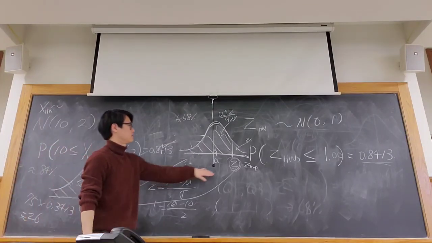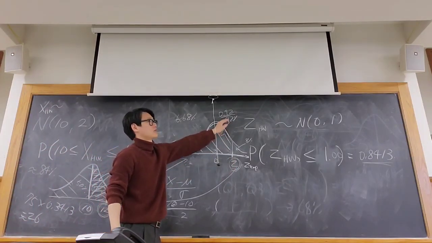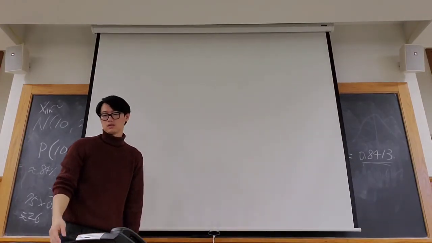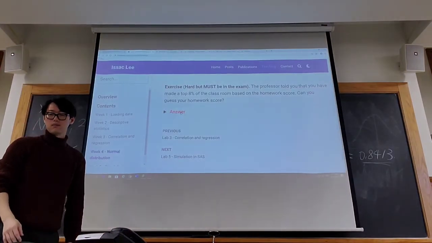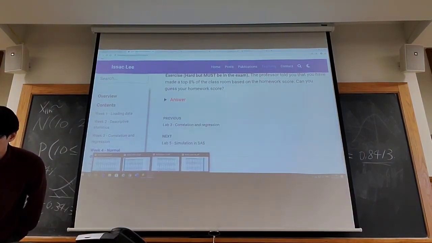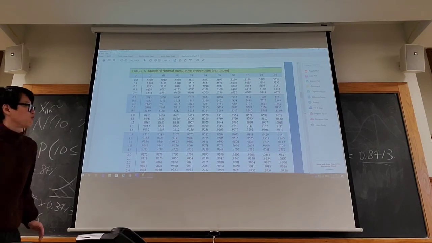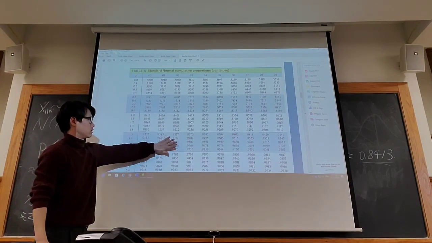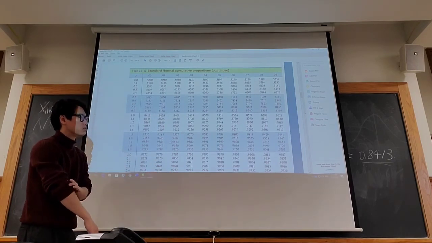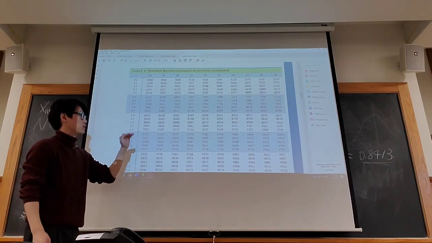So how can I find the z which is corresponding to 92%? We're gonna use the same standard normal distribution table, but the opposite way. So now what I want to do is find the number which is corresponding to 92%, which is 0.92.